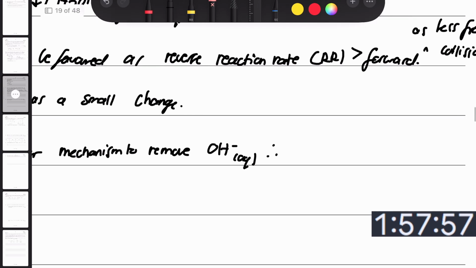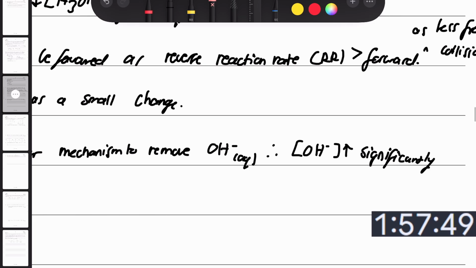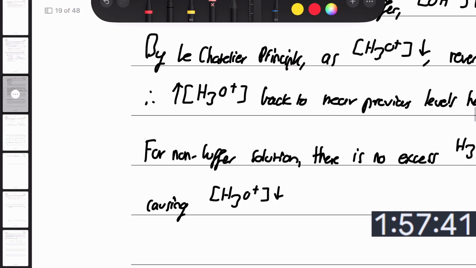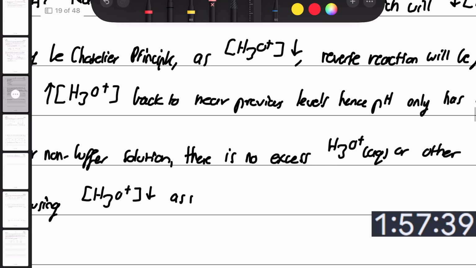Therefore, concentration of OH minus increases significantly, causing H3O plus to drop as it becomes neutralized.